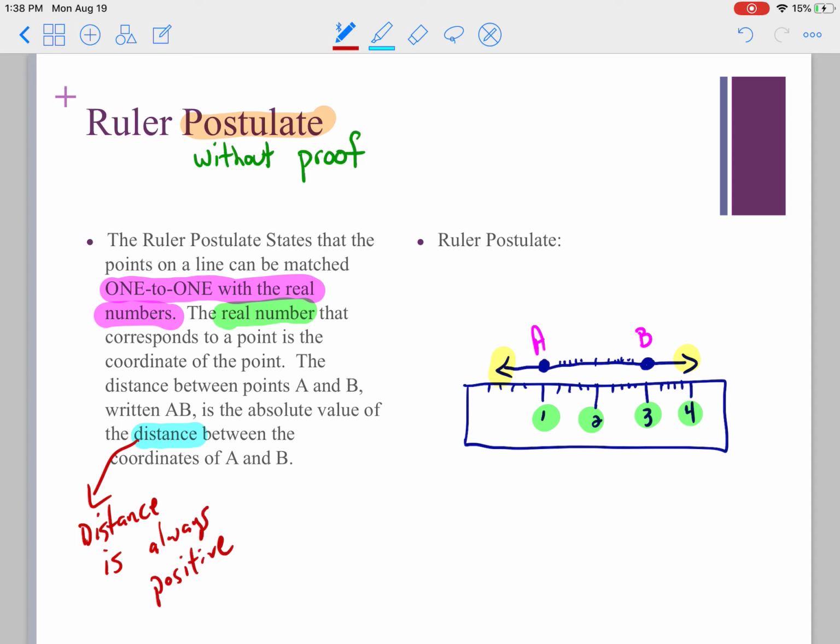So if I look at the distance from A to B, it will be a positive number, just the same as the distance from B to A. Even though I'm going in a different direction, the distance will still be positive. And that is what we mean with the terminology of absolute value. The absolute value of the distance from A to B basically says that the distance from A to B will always be positive. So that is the ruler postulate. And again, a postulate can be accepted without proof.